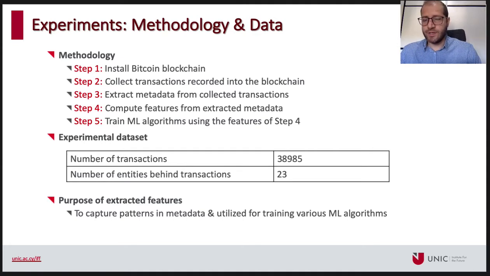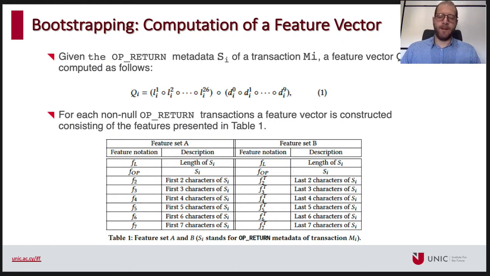Our purpose is to find a way to extract useful features that will then allow our machine learning algorithms to capture any patterns in the metadata published on the Bitcoin blockchain.